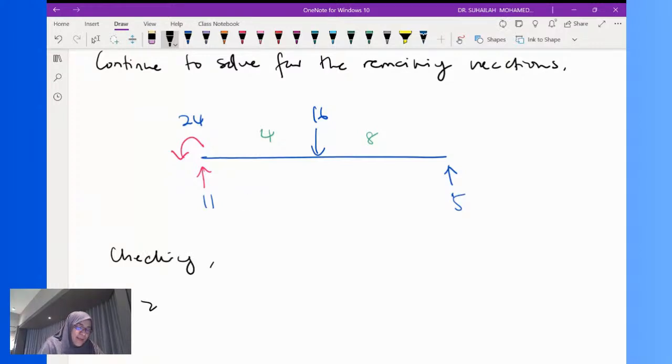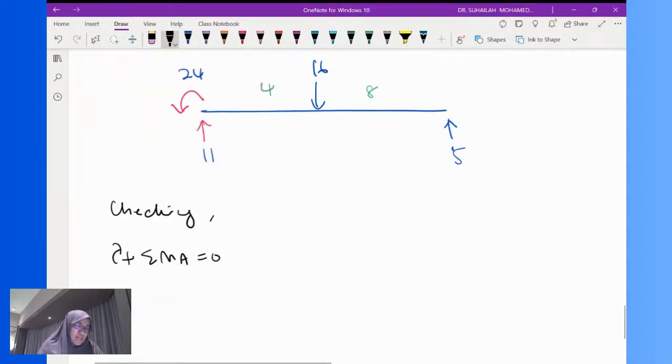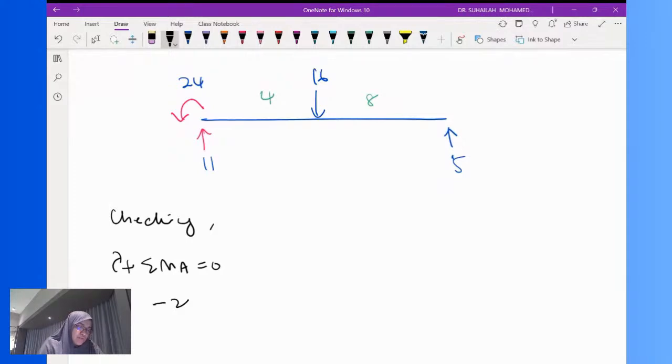For moment at A equal to 0 clockwise, it is negative 24. We plus 16 times 4. We minus 5 times... this is 4, right? Sorry, this should be 4, not 8. Okay, so 5 times 8. Correct.